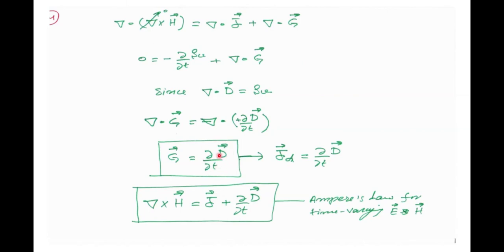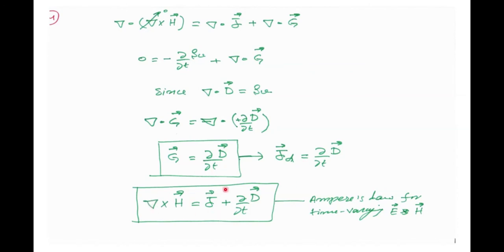For example, if in a certain loop we include a capacitor, still the current in the outer terminal is continuous. That is because of this displacement current density. Maxwell actually included this term with Ampere's law and made it consistent with the law of conservation of charge.